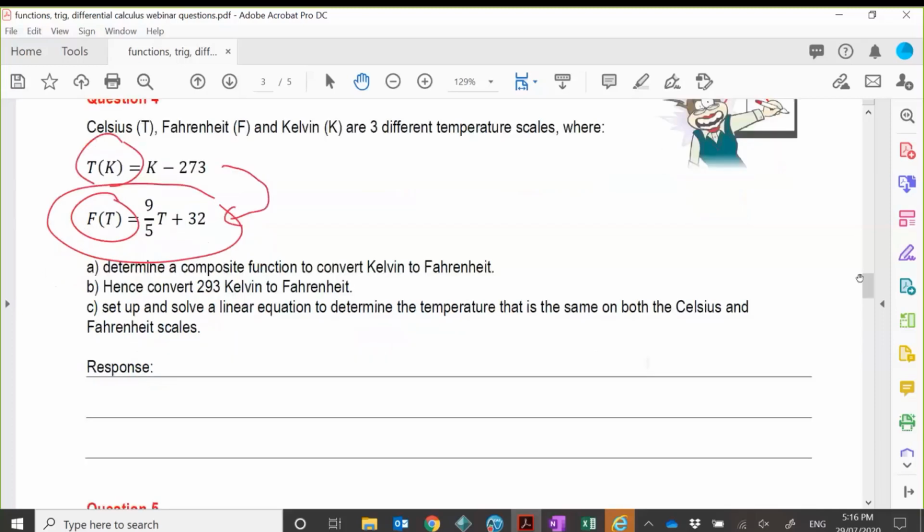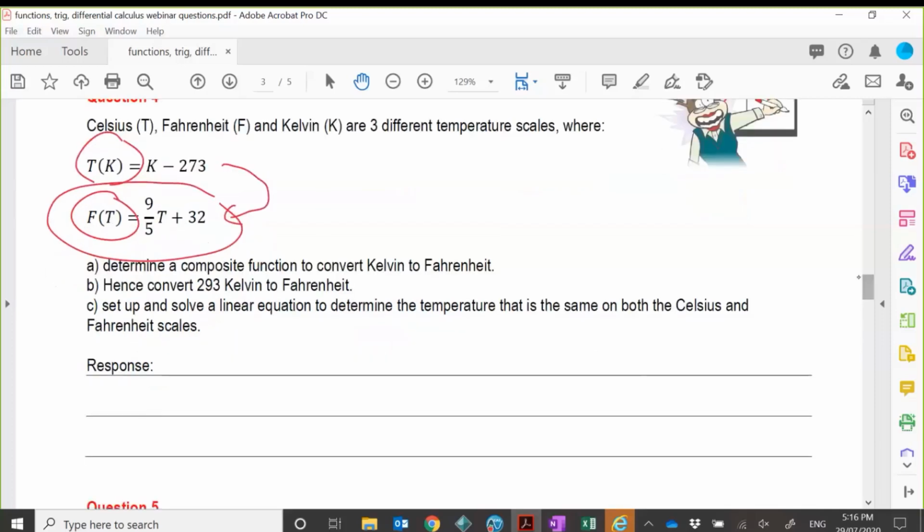So basically what we need to solve is Fahrenheit equals 9/5 times Fahrenheit plus 32, because we want the temperatures to be the same. Alternatively, you could have said Celsius equals 9/5 Celsius add 32. It doesn't matter which one you're going to use, you're going to get the same result.